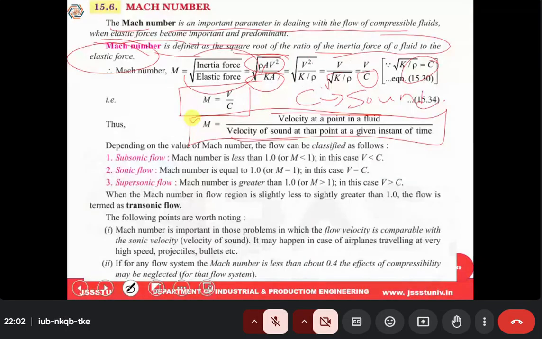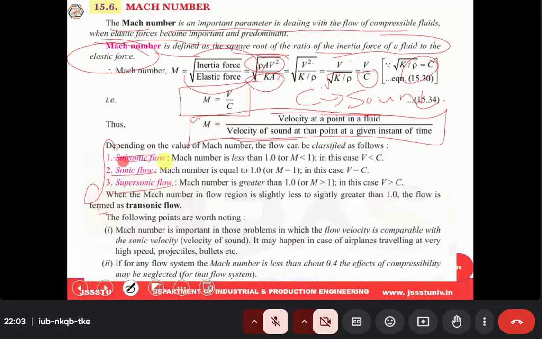Now when you are designing any aerodynamic components, especially when talking about rockets, missiles, aircraft, even automobiles, we design with respect to three types of flow: subsonic flow, sonic flow and supersonic flow.